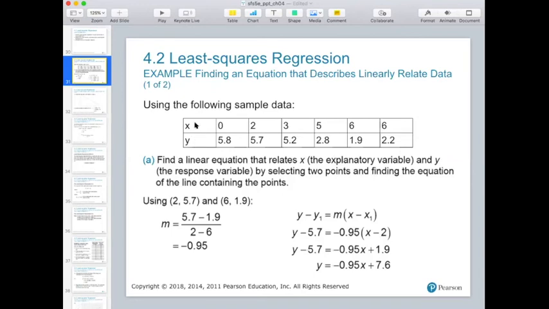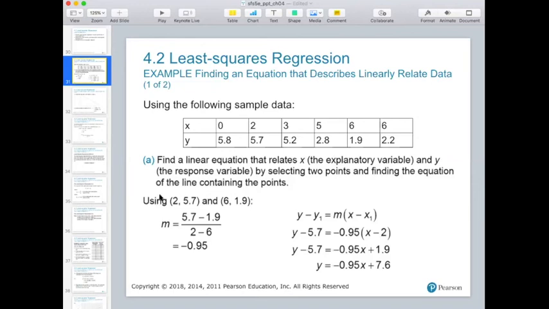If we had these two sets of data, x values and y values, we can find a linear equation to represent the relationship here. In this example, they've just done a really simple Algebra 1 thing. They've picked 2 points from that set of points, found the slope and the y-intercept, and created one possible linear regression line.